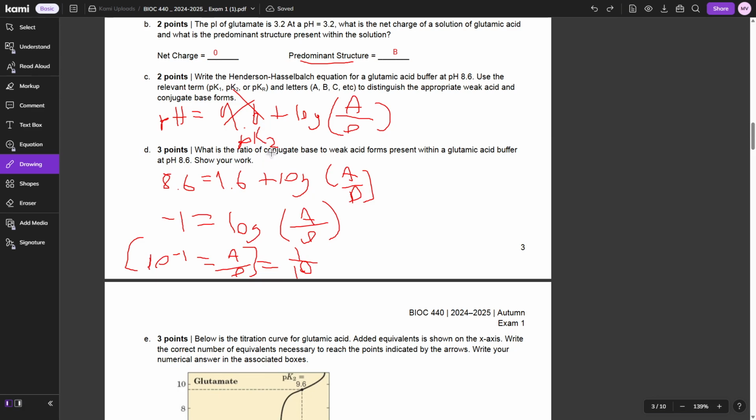In this case, they're asking for base to weak acid. Sometimes they will ask for acid over base, and they want you to flip the ratio, so be careful of that. This is written in base over acid. The MCAT asks you for acid over base sometimes.